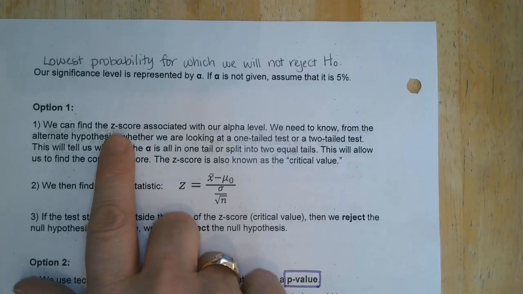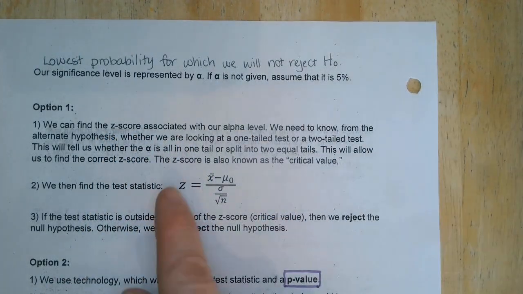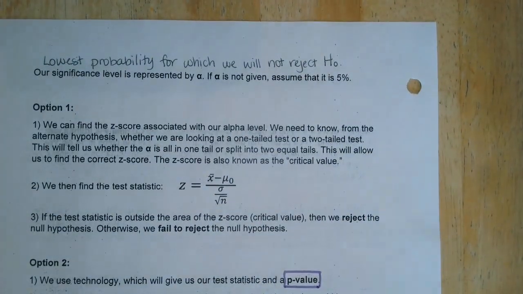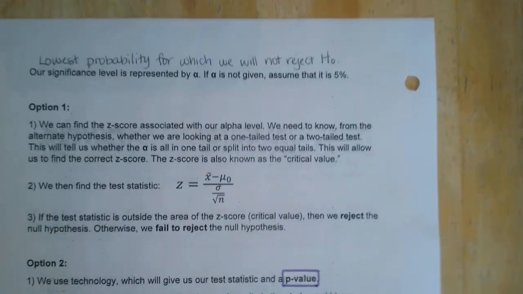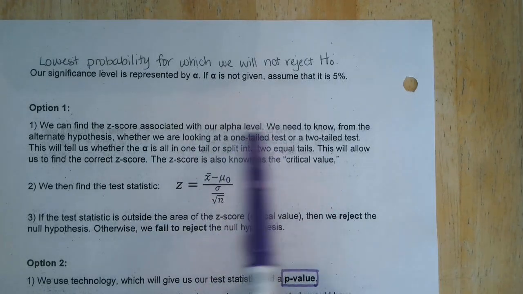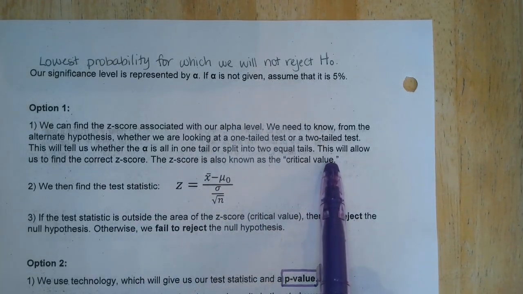So we can find the z-score that is associated with that alpha level: how many standard deviations out from our population mean can we go and still be at that alpha level? So this is called the critical value. And again, I'll draw this out for you in a second. It'll make more sense.